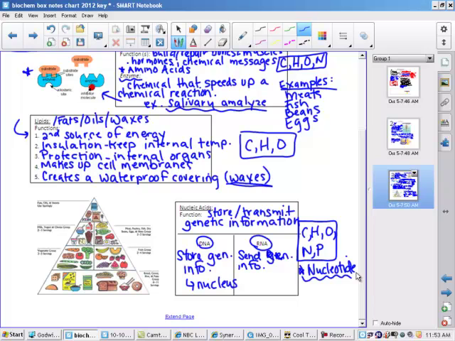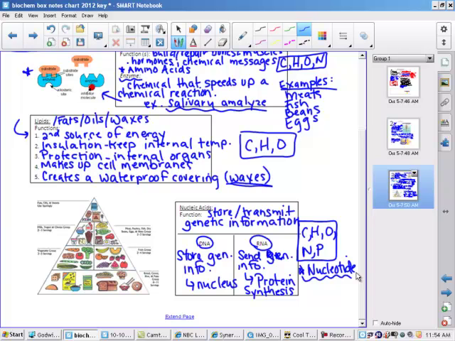If that information needs to get out, DNA cannot leave, so it's RNA's job to send the message to other places in the cell. And in doing this, the other part of sending it out is to produce proteins. We're going to call that protein synthesis.